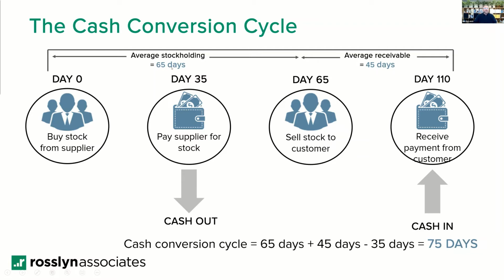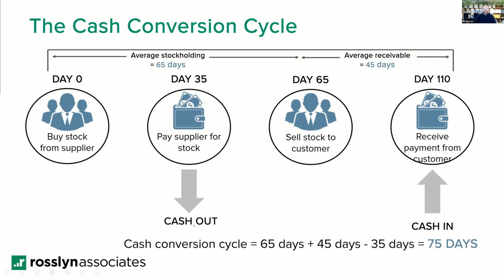You have to pay at day 35, so that's when the cash goes out. That makes sense? You actually pay the purchase invoice. Now, you sell it on day 65. You might agree 35-day terms, but on average, you get paid in 45 days. So that's on day 110, and that's when the cash comes back into the business.